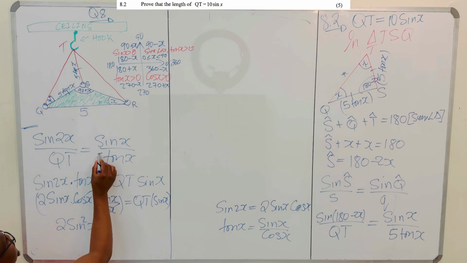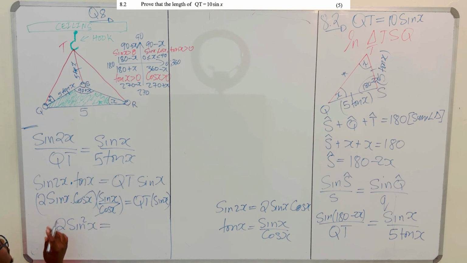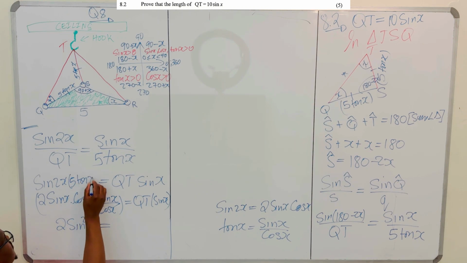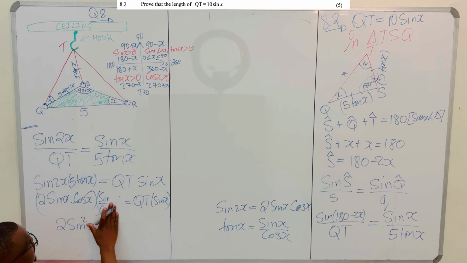We should have had a 5 here, right? Which means we're supposed to have a 5 here as well. 5 tangent of x, which means here we should have had 5 sine x over cos x. So this still cancels that.